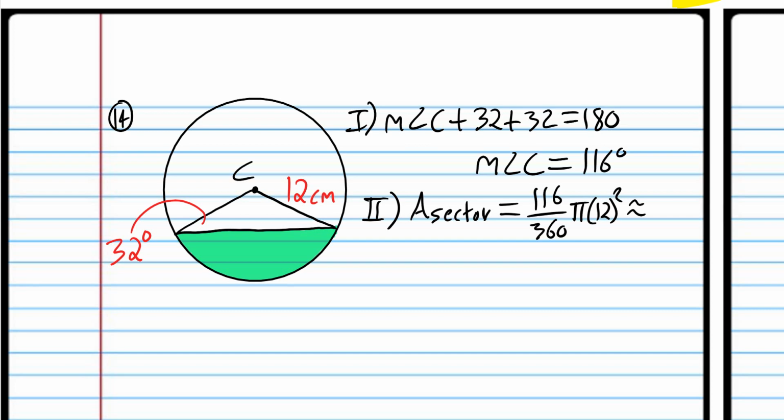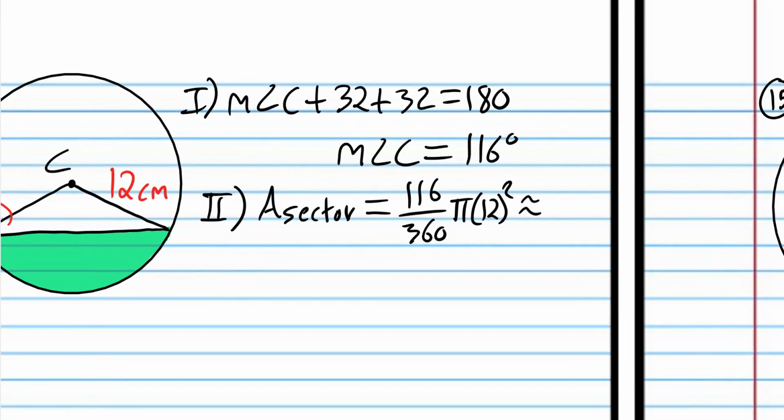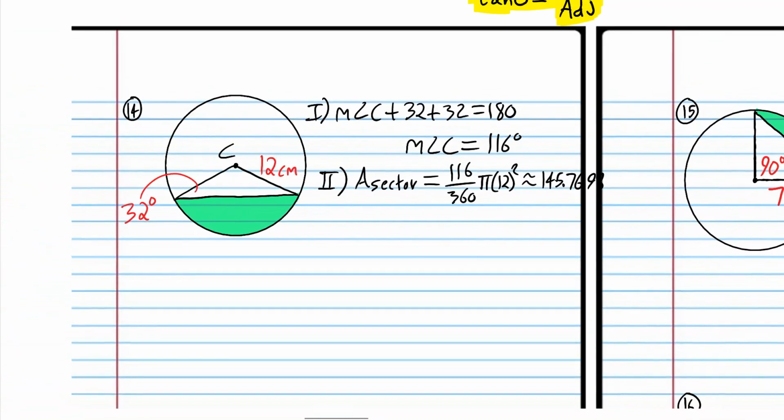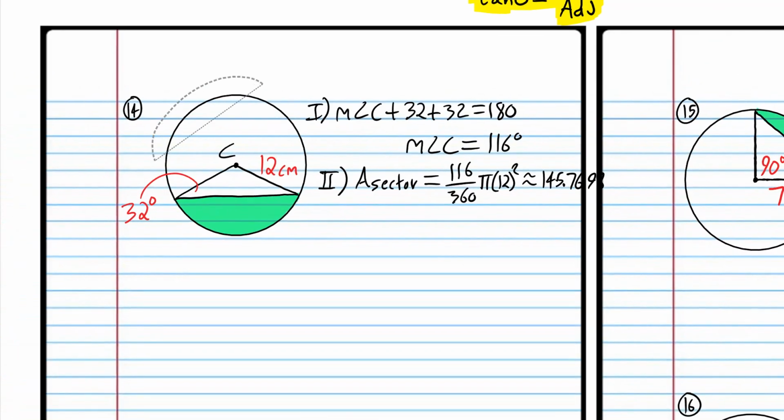So in your calculator, 116 divided by 360 equals, times pi button equals, times 144, because 144 is 12 squared. So we get 145.7698.